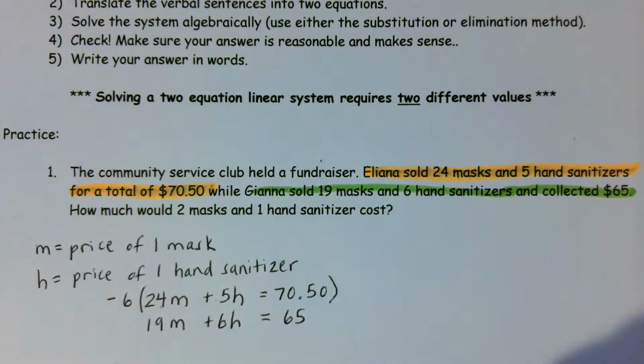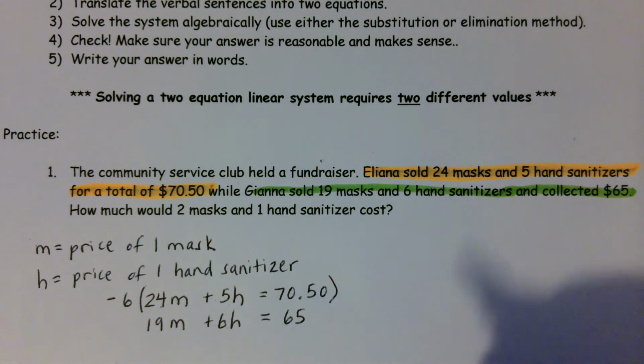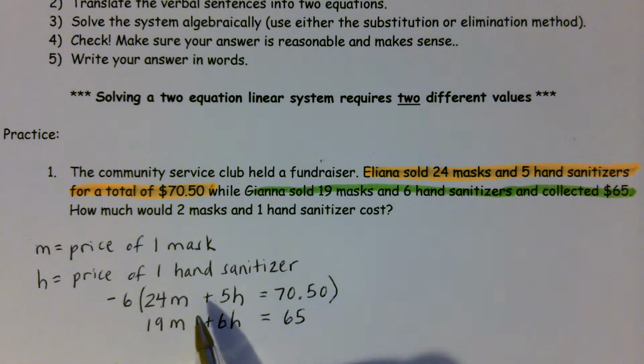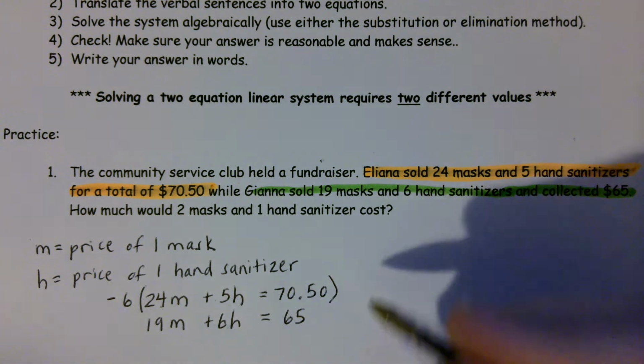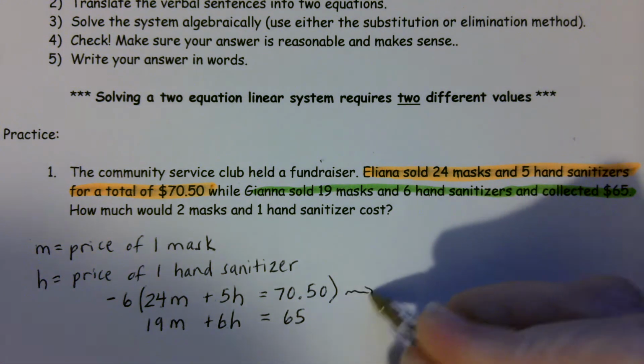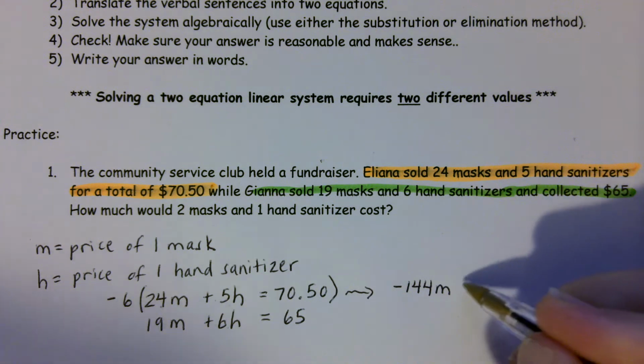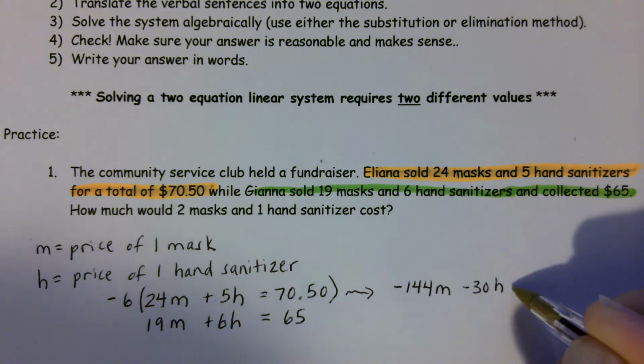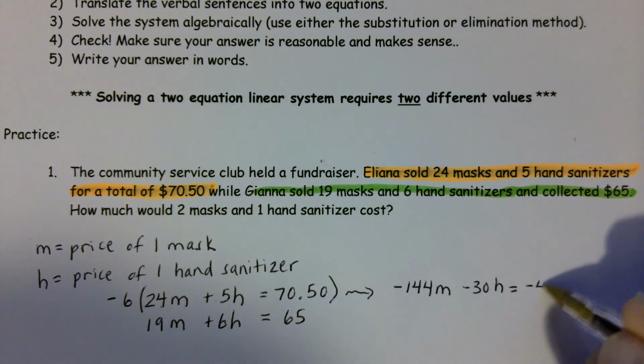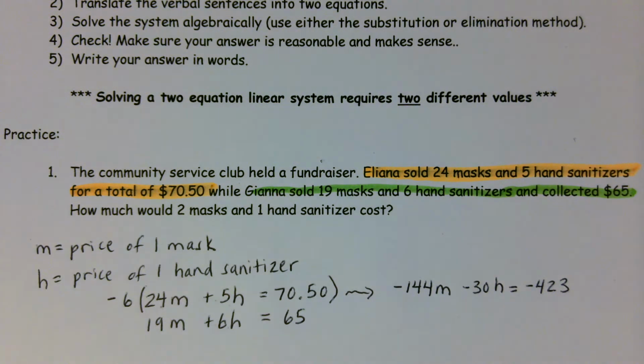So what if I multiply this by -6? Remember, if I'm going to multiply any term in the equation by a number, I need to multiply every term in the equation by the same number so it stays balanced. So when I multiply every term here by -6, I get -144M minus 30H equals -423.